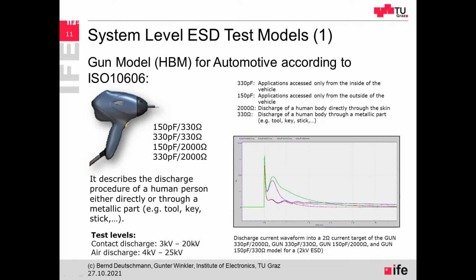Typically, discharge levels might range up for the contact discharge up to 20 kilovolts, or for the air discharge, sometimes also up to 25 kilovolts. And depending on what car manufacturer and what OEM you are providing with integrated circuits, they have different ranges or test levels that should be used in order to characterize the electronic systems.